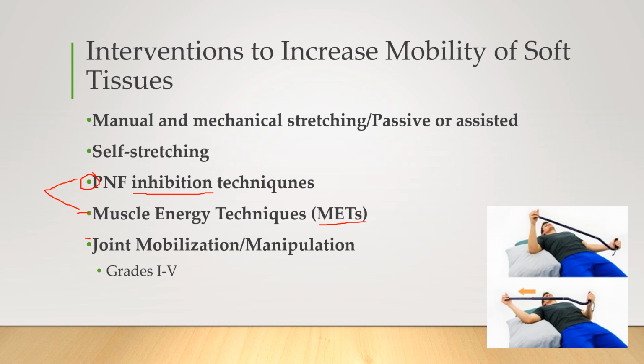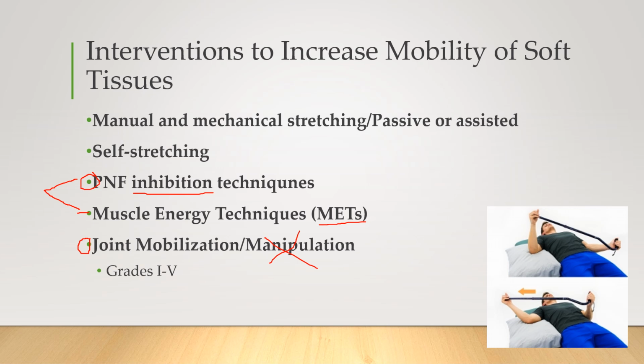And then if we're really looking at improving joint position and joint range of motion, we can use our joint mobilization techniques. We're not going to use manipulations, right, because that's out of our scope of practice. And remember that it's really important that if you're performing joint mobilizations, if your State Practice Act allows it, that you are trained well by your supervising PT, and they check off on your skills and ensure that you know what you're doing.